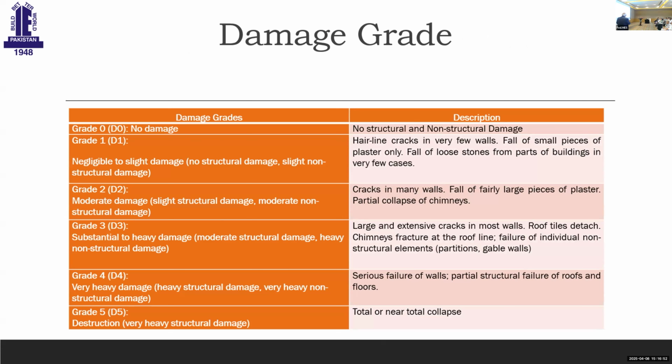But to me, the interest is in D3 and D4. These are the buildings which have undergone either moderate structural damage or some heavy structural damage, but they can be repaired. If it is D5, there's no point; we just demolish it. But D2, D3, and D4 are within the repair conditions, and they can be repaired.